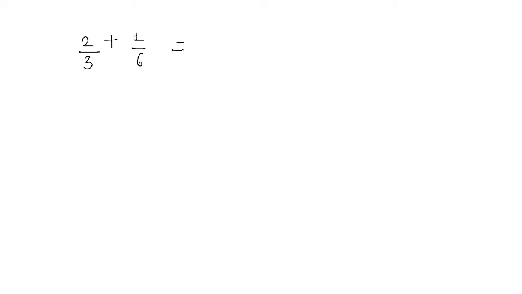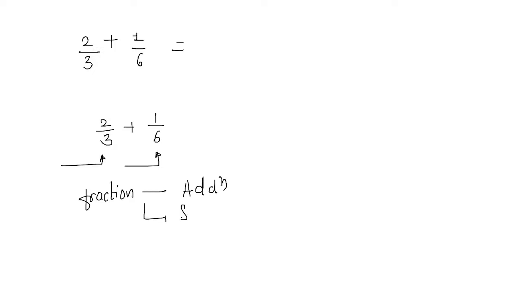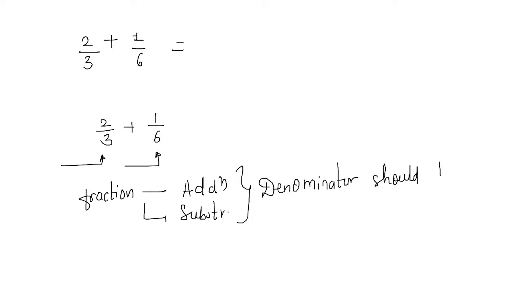So look here, whenever you're carrying out fraction addition or fraction subtraction, here we are carrying out fraction addition, right? What is it? 2 by 3 plus 1 by 6. Tell me what is the denominator here? It's 3. Here it's 6. What I have told you, whenever you are doing fraction addition or subtraction, always keep in mind that the denominator should be the same.